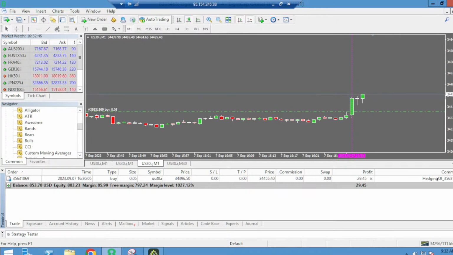And we have an institutional zone at, let me see here, 3449.94. Around that price, we have an institutional price level.